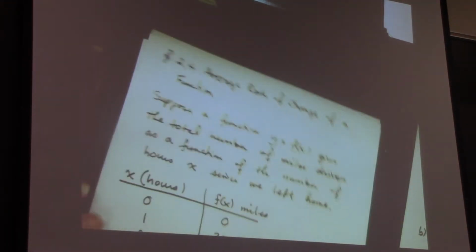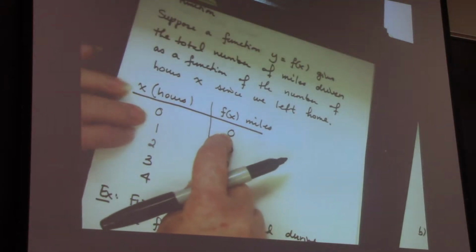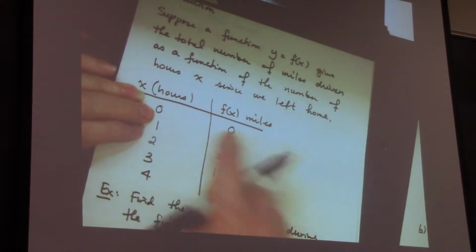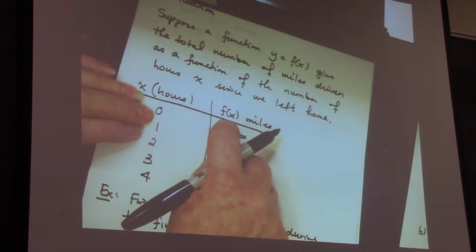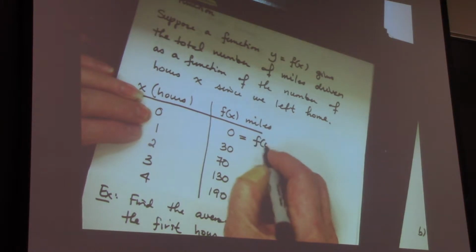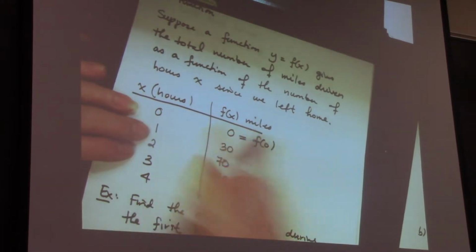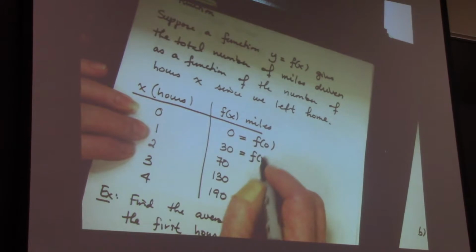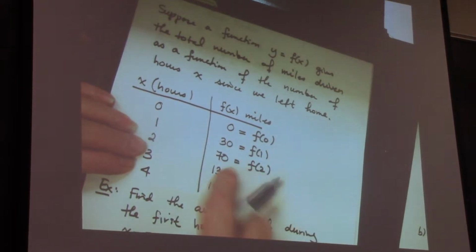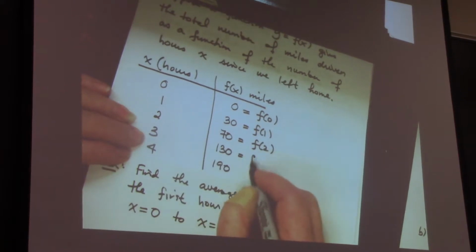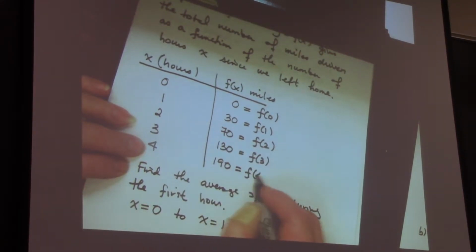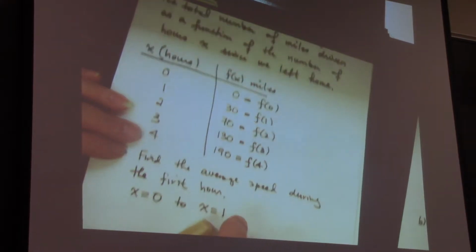Now, I have this function, I'm calling it f of x, so the y value is f of the x value. So in other words, f of 0 is 0, and f of 1 is 30, and f of 2 is 70, and f of 3 is 130, and f of 4 is 190.